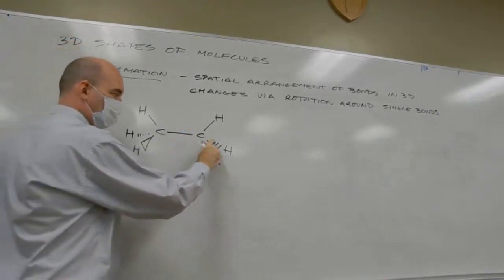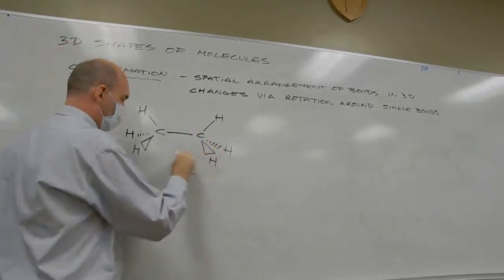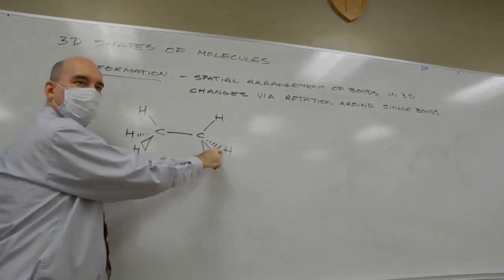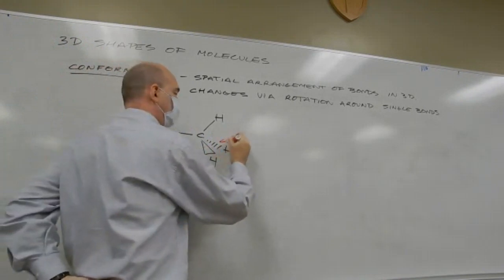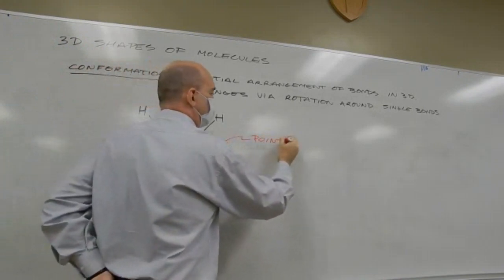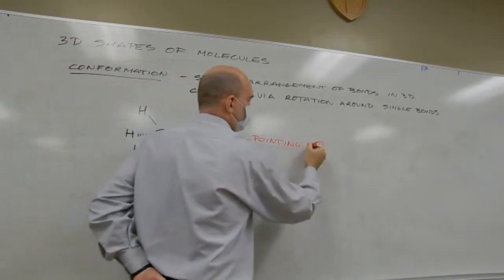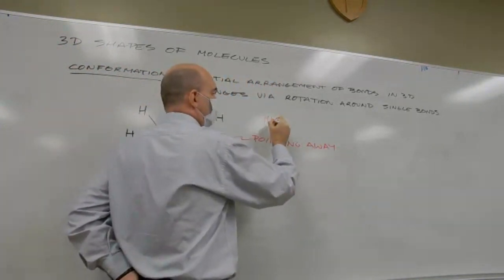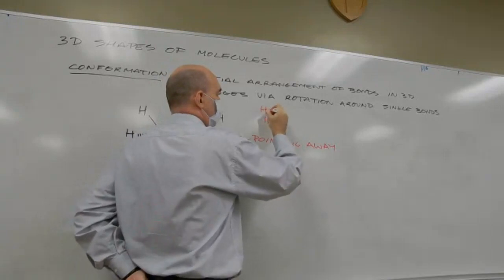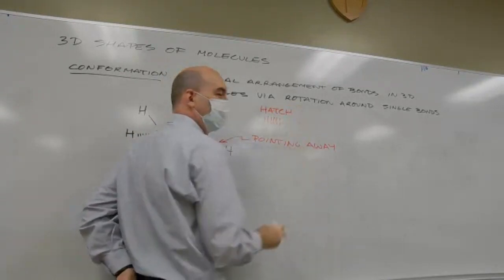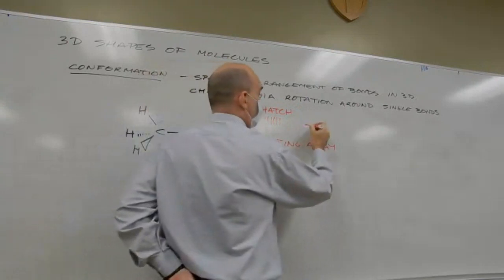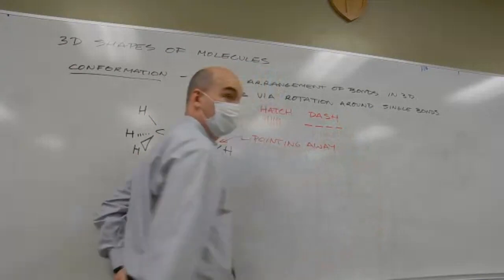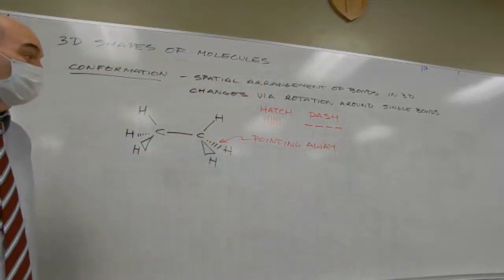Any bond that is pointing away from you is written as a hatched line. This is a hatch. This is a dash.